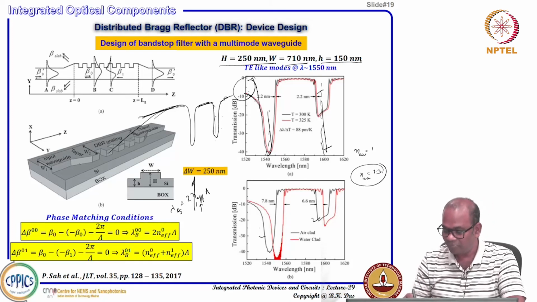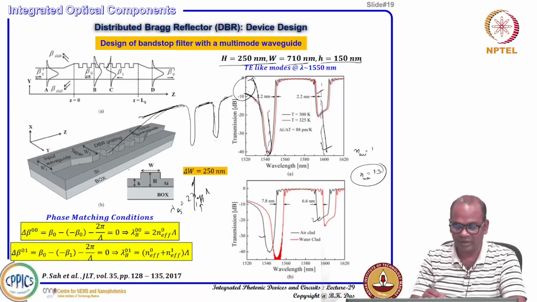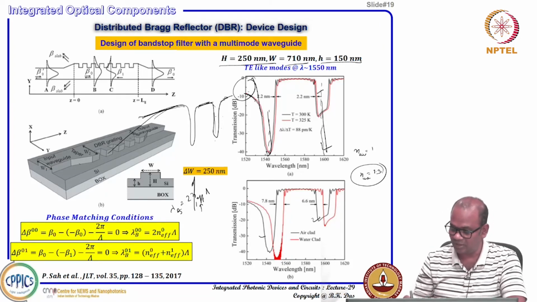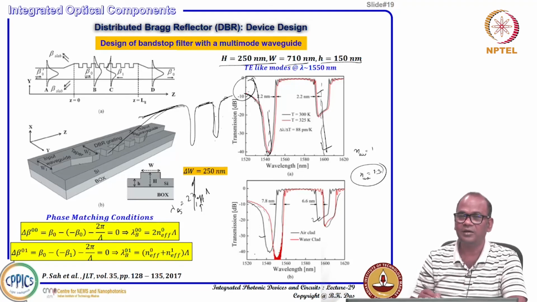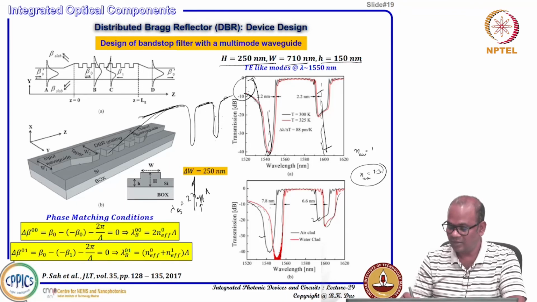So that is how, when air is given as the cladding of the waveguide structure, you see this red shift happening. Both the fundamental stop band and first order stop band are red shifted, about 7.8 nanometer.